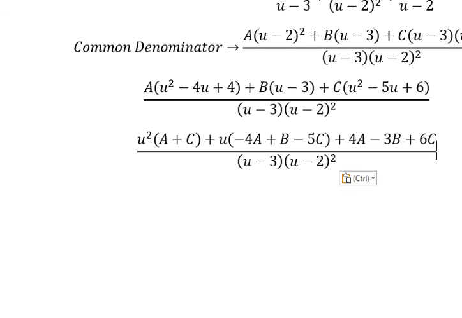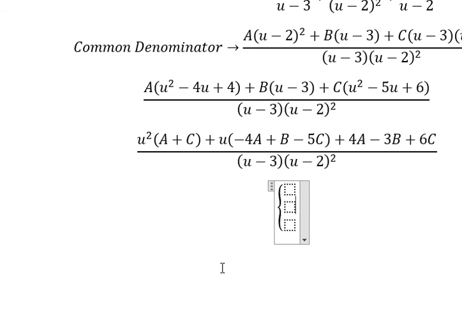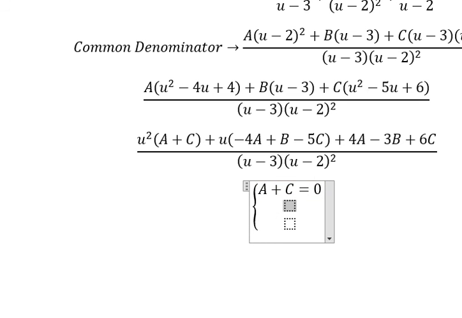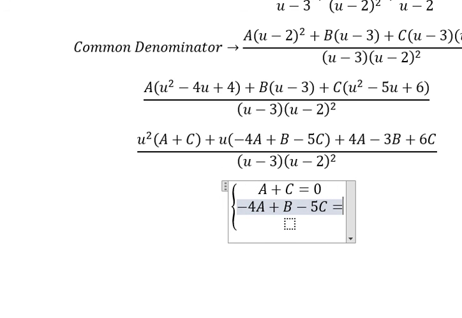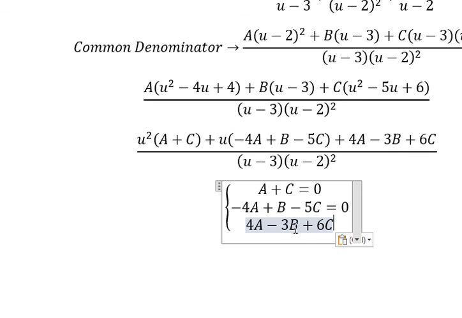And now we create the system of equations. So A plus C equals 0, negative 4A plus B minus 5C equals 0, and the last one equals 1.